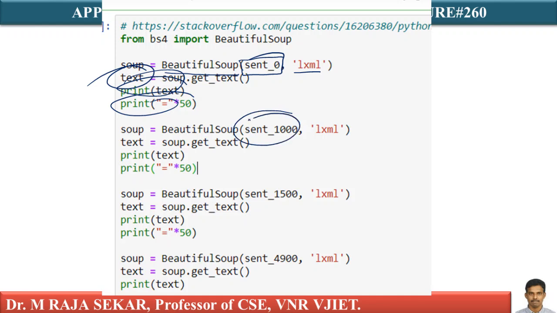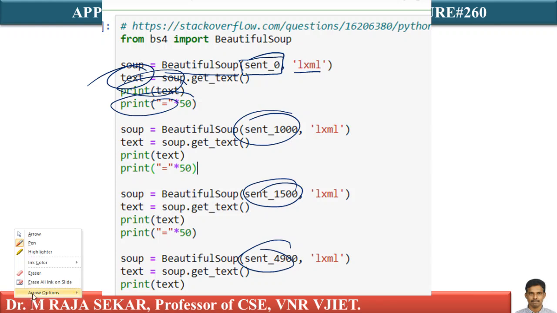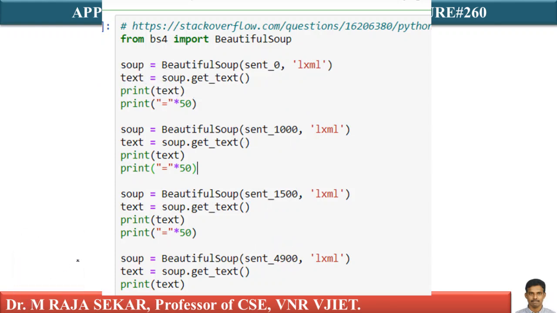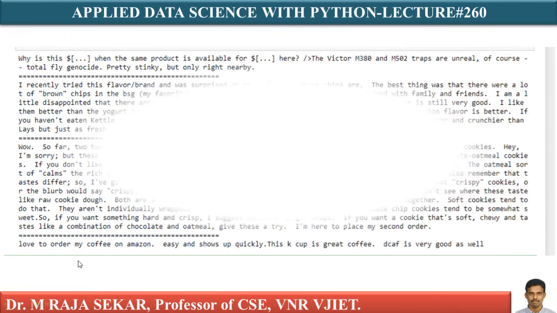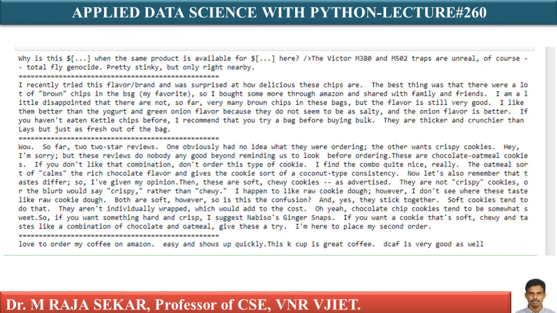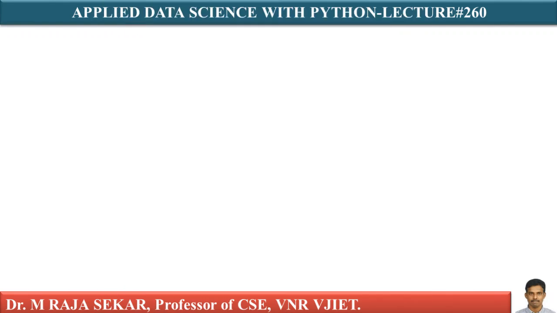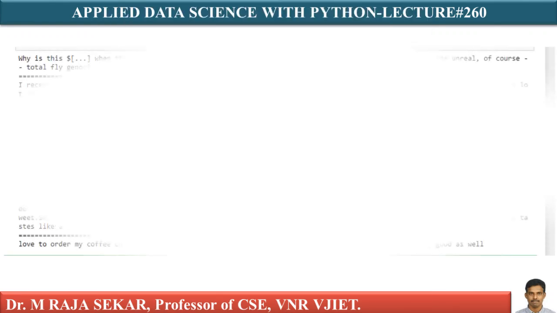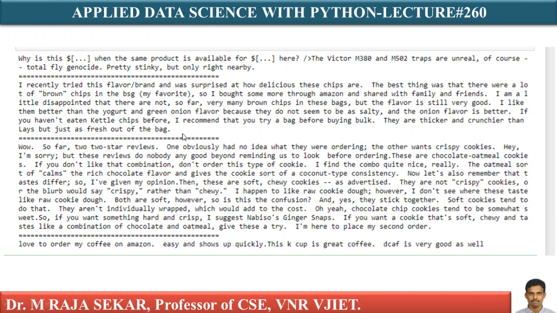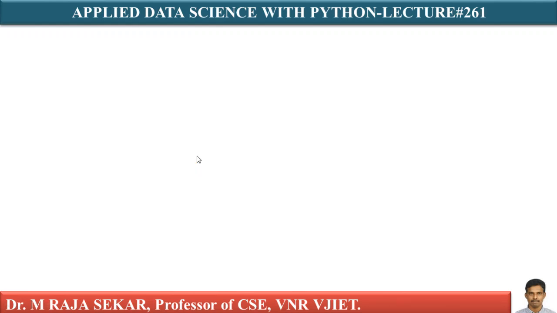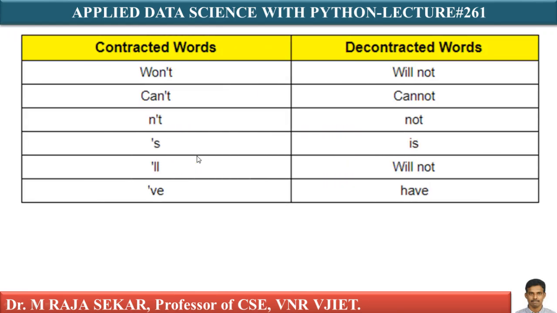In a similar manner, another review cent_1000, 1500. These are the random reviews which I have chosen from my final table. Anyway, I will apply these things to our reviews data set. What I did, we are removing XML and HTML things, so that you cannot find those things in your output.